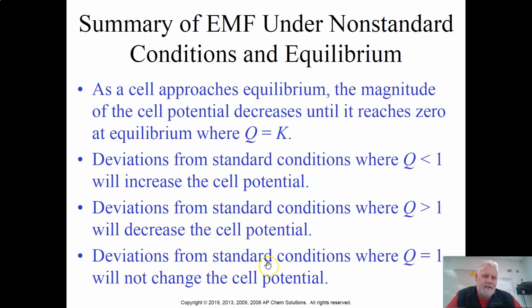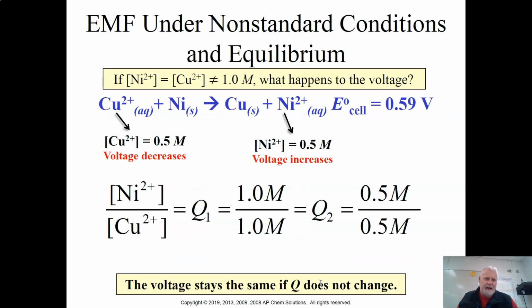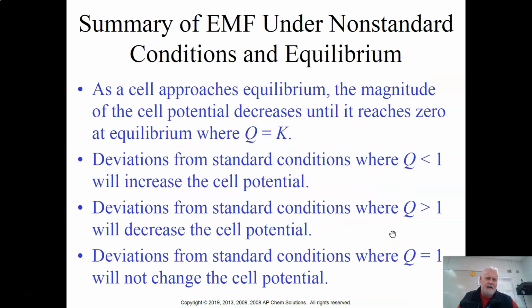And deviations from standard conditions where Q equals 1 will not change the cell potential. We just talked about that right there. They're deviating from standard conditions, but Q is still equal to 1, so then that does not change the cell potential. Okay?